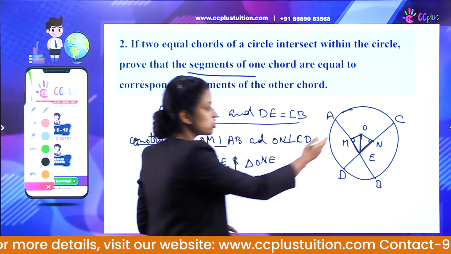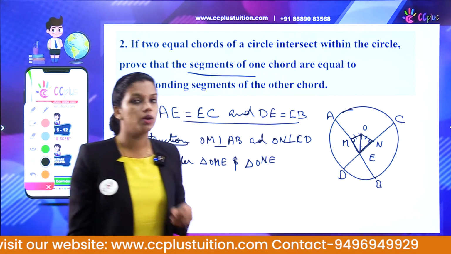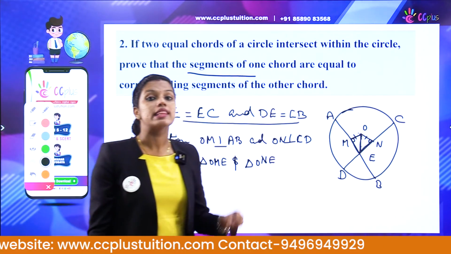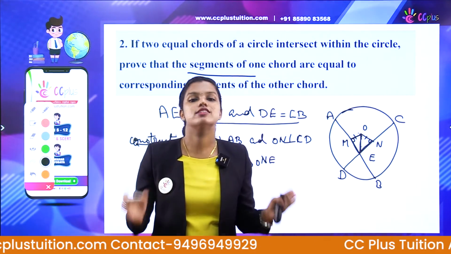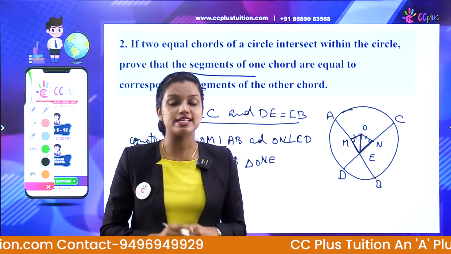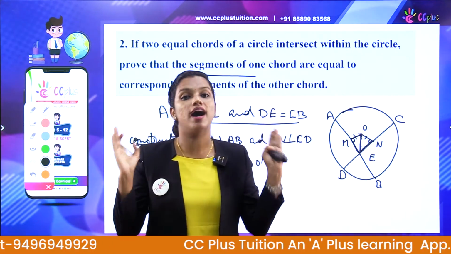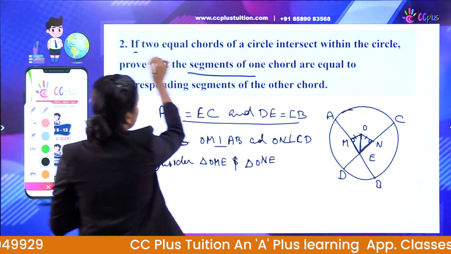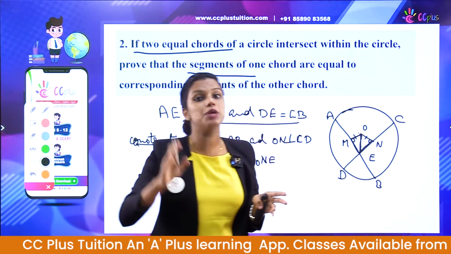So focus on the picture. These two lengths are equal. Why? We know the distance from the center to equal chords are equal, right? It is given that the chords AB and CD have the same length.